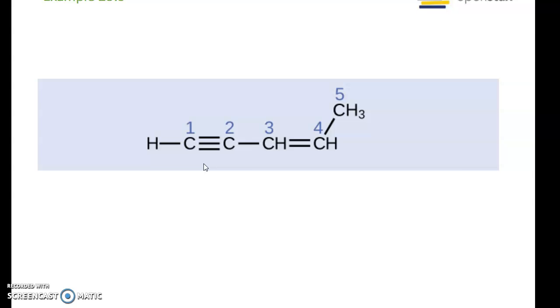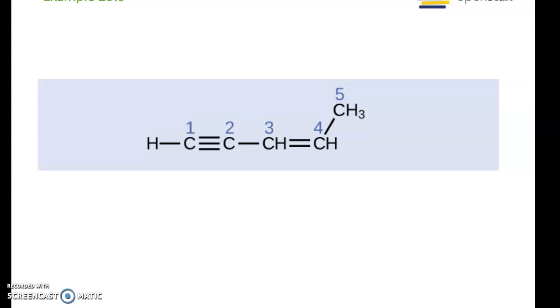Now this one right here is a little bit different. When you have both a double bond and a triple bond, the double bond takes precedence in terms of the name in which it occurs. However, the numbering starts with where the triple bond is located. And these molecules, by the way, are called alkenynes. A-L-K-E-N-Y-N-E.